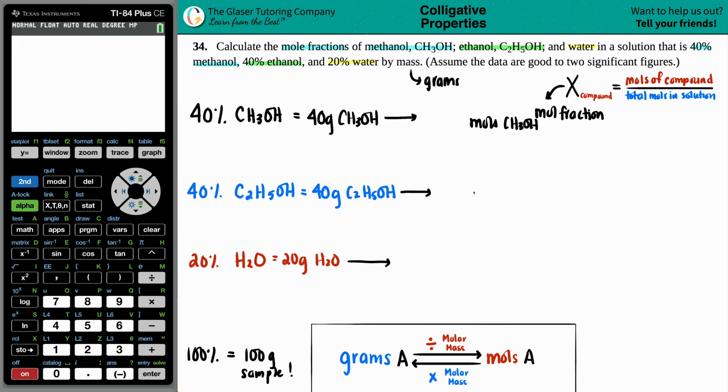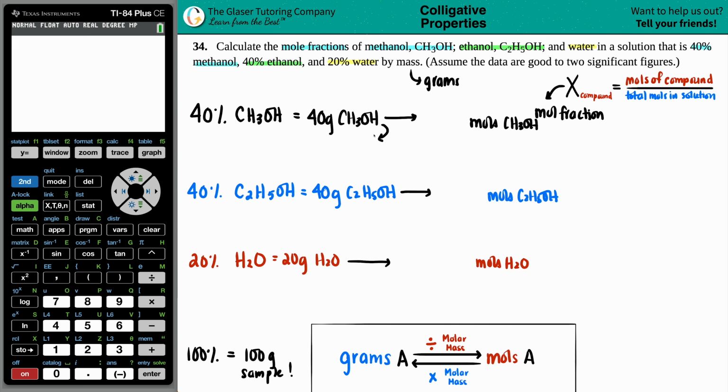Grams of C2H5OH, we want to go to moles of C2H5OH. Grams of H2O, we want to go to moles of H2O. And for each one, we have to divide by the molar mass.